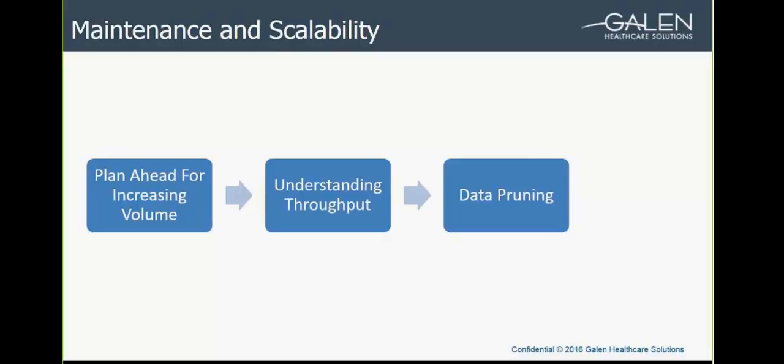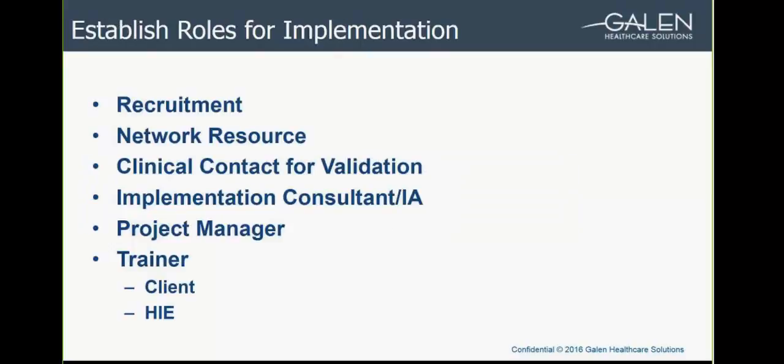And lastly, data pruning. Do we have a process that exists to prune data? So really, how do we keep the data that we're receiving clean and relevant? And so we have a plan, and we're ready to move forward.